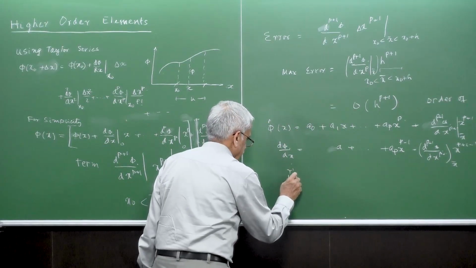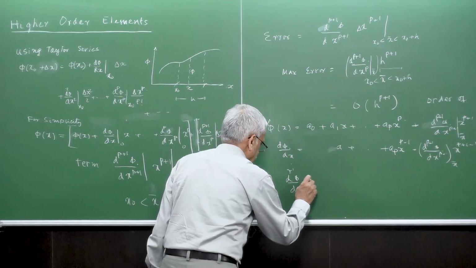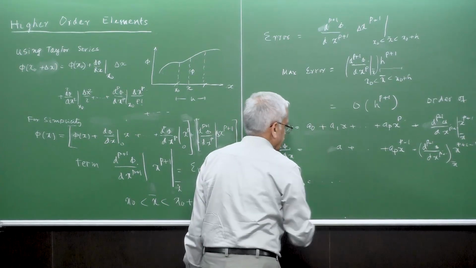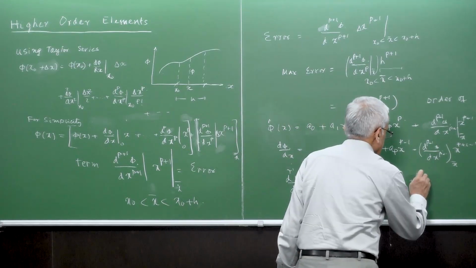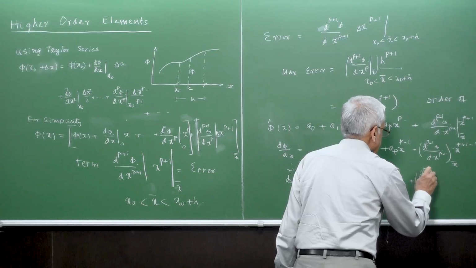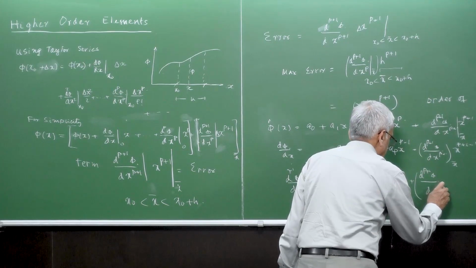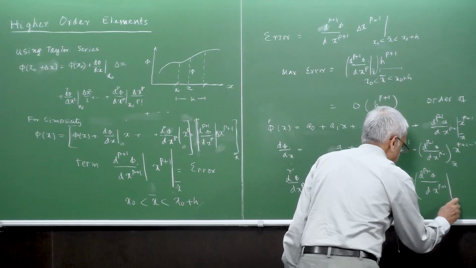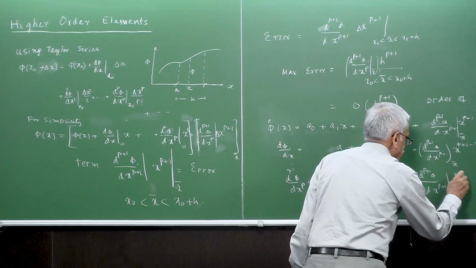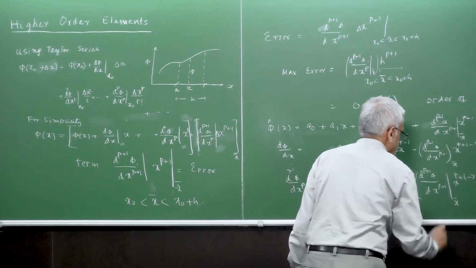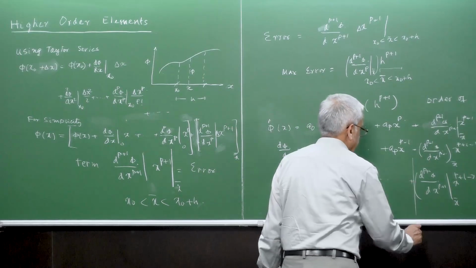So if you are looking at the rth derivative of phi, everything will come like this, p plus 1 minus r. Okay, so this is the error part.